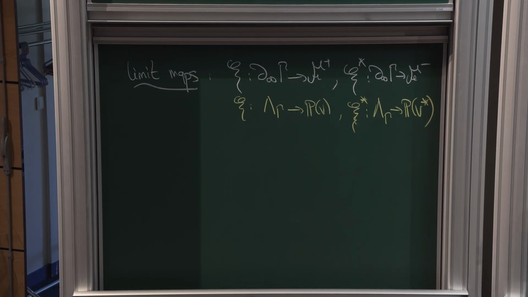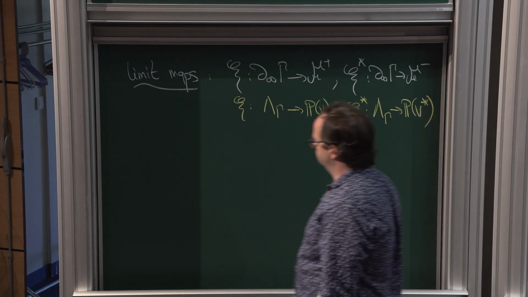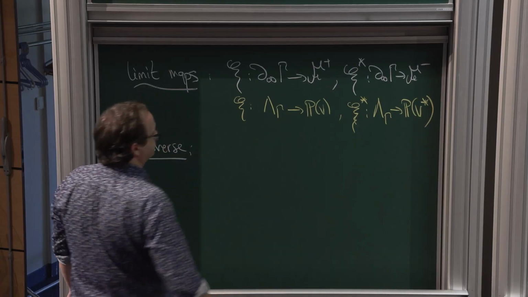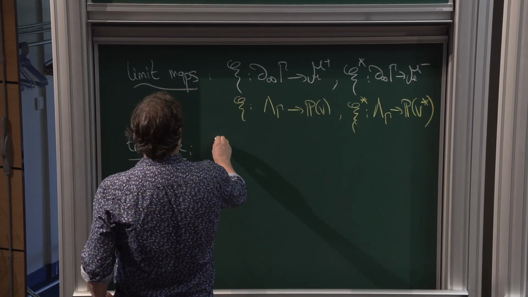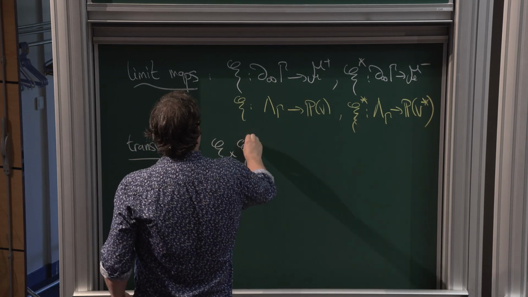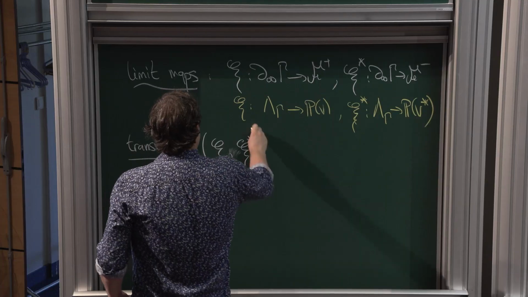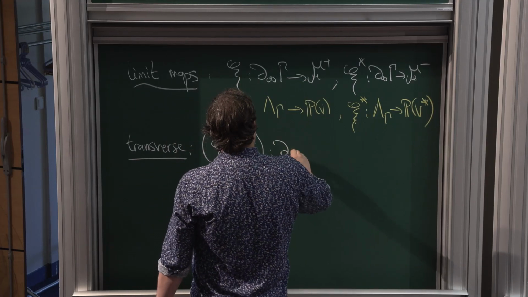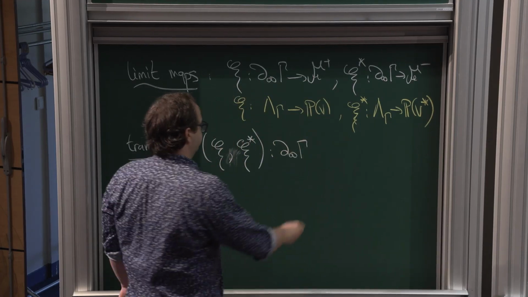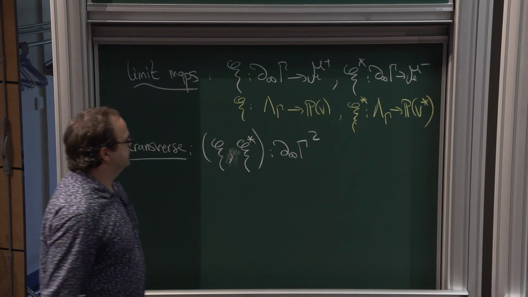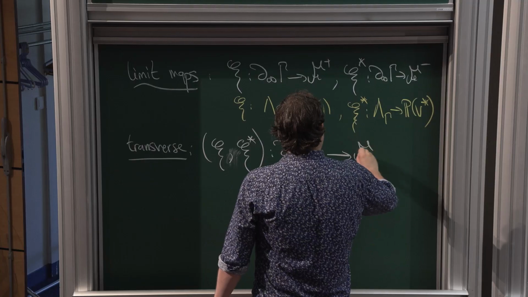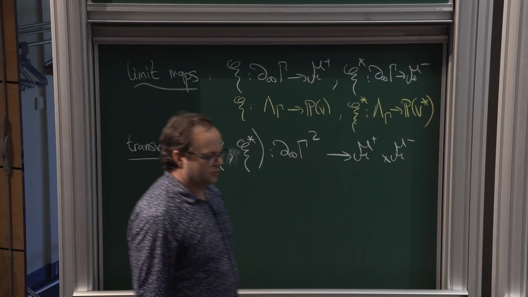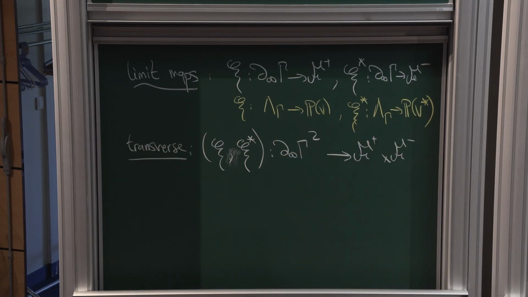And they come with a transversality condition, which is part of the stuff that we'll have to explain. And this transversality condition is that you put the two maps xi and xi star together as one map from pairs of elements in the boundary to the product of your flag manifolds, and you want this to send distinct points to what we call transverse flags.